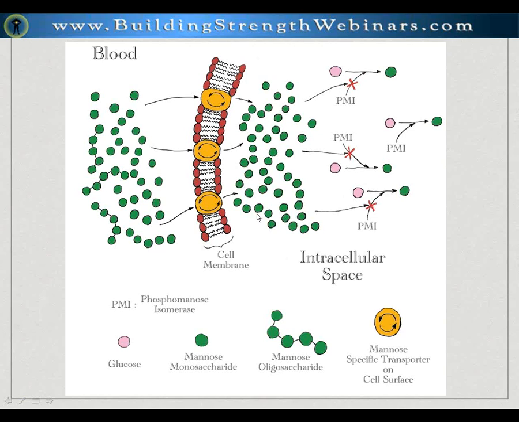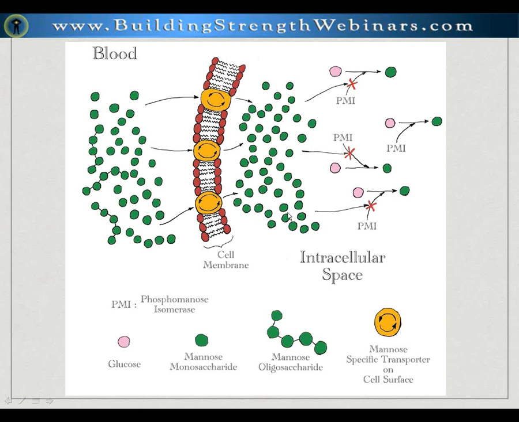So if you get your mannose from your blood, then the mannose itself inhibits the enzyme and blocks the phosphomannose isomerase. So we have a specific mannose transport on the cell surface and the ability to use that.